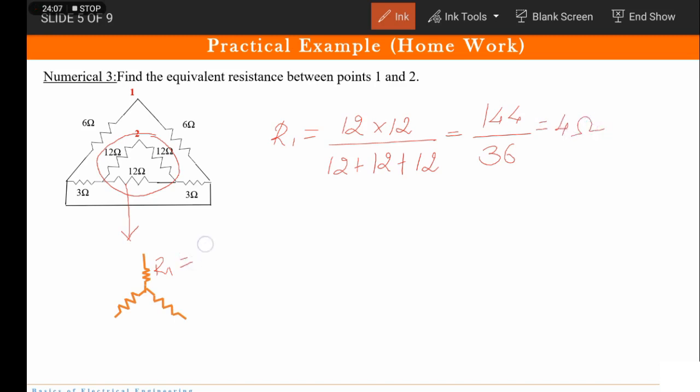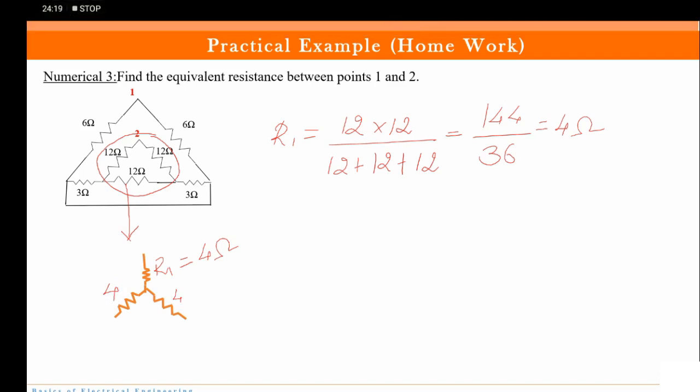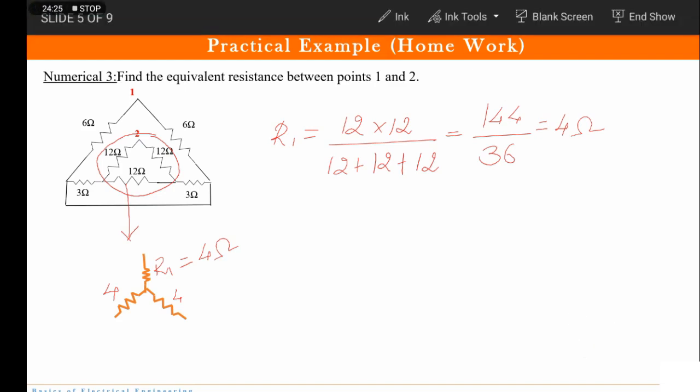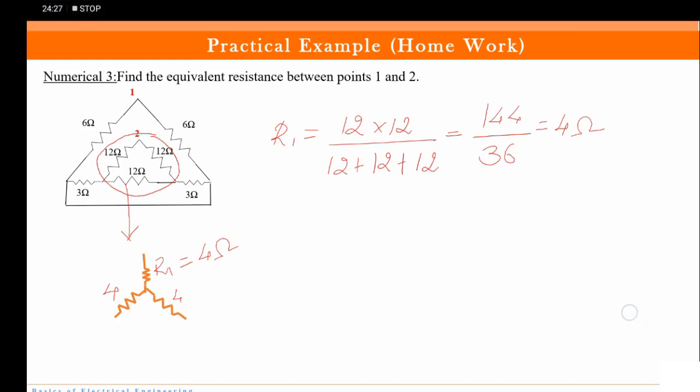So this resistance is actually a 4 ohms. And even this is 4 ohms and this is 4 ohms. Correct? So this is how we are going to solve it. Fine?